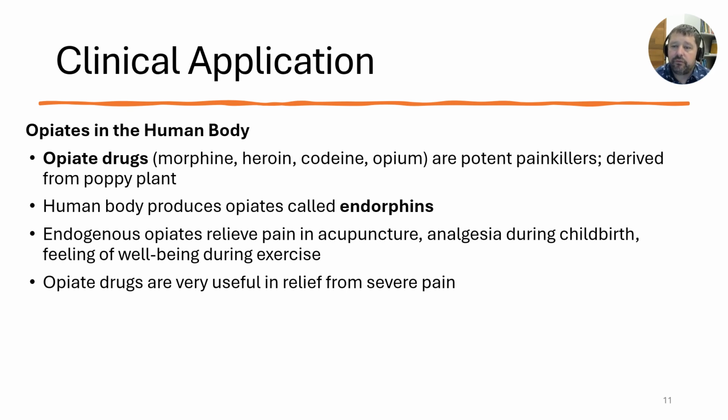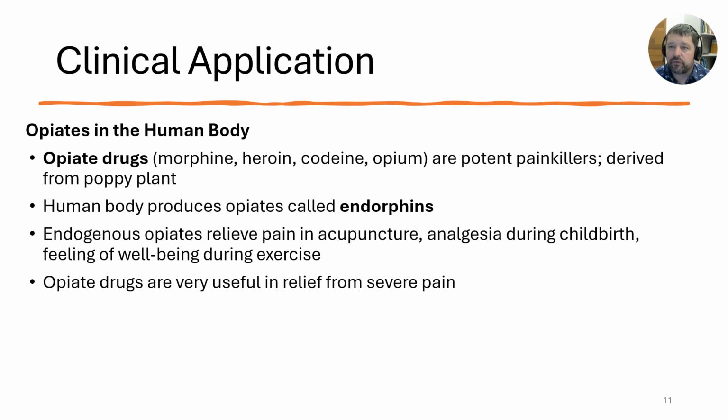And so there are other opiates that are naturally occurring in the human body, like enkephalins, okay? And there are some that just occur naturally as endorphins in the body.